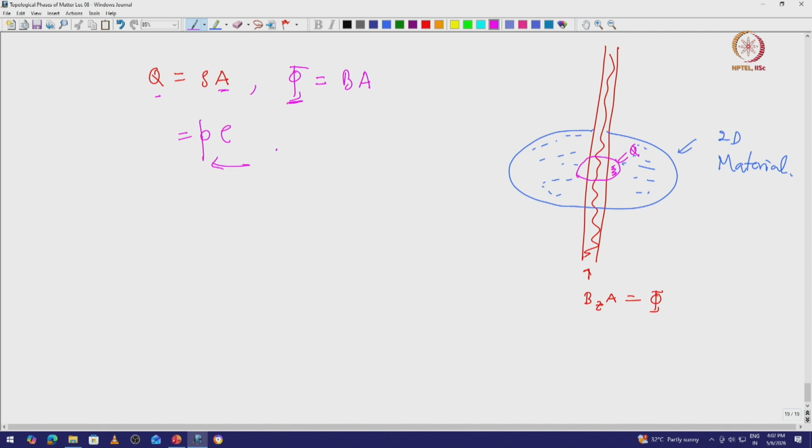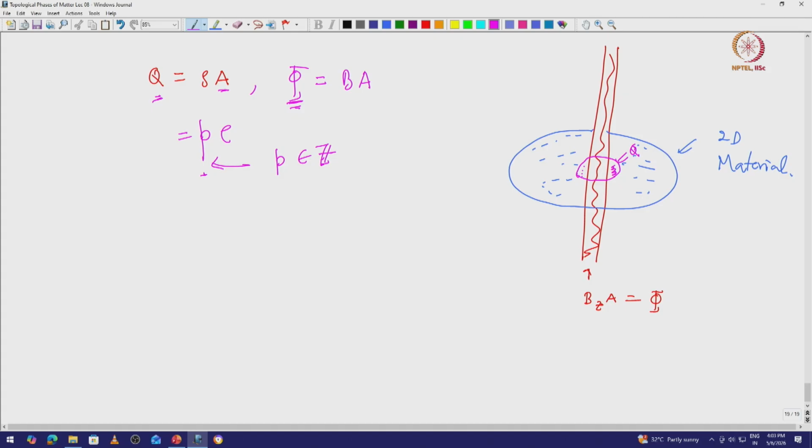So, P must be an integer multiplied with the fundamental charge E. Now we see that if the flux remains the same, then the charge remains the same. But now we are changing the flux and keeping the area fixed. So, the charge cannot change continuously, it will only decrease or increase by an integer value.